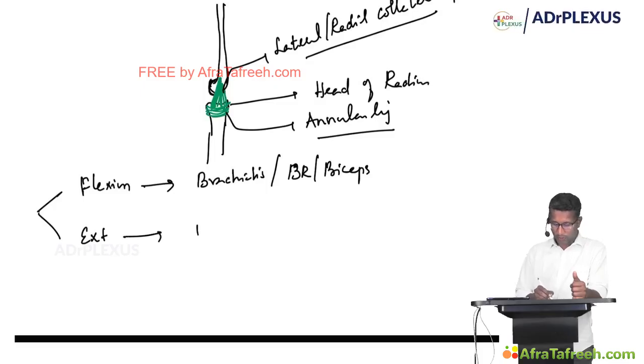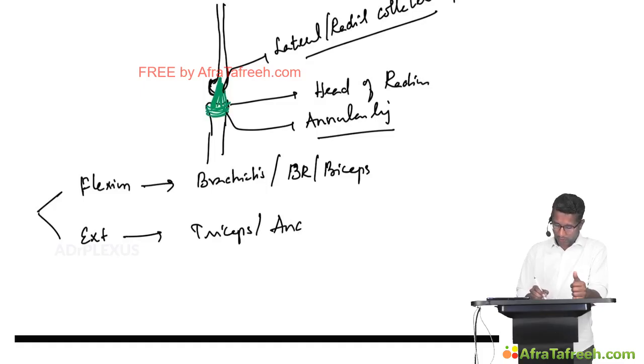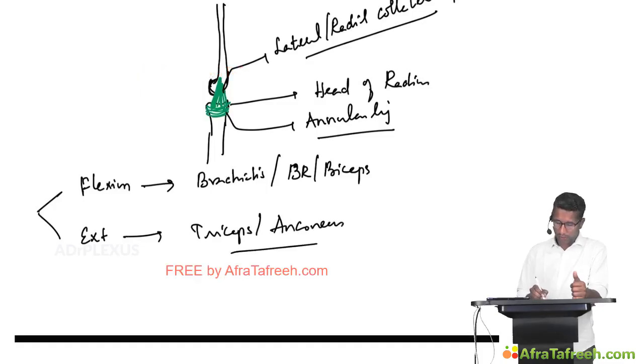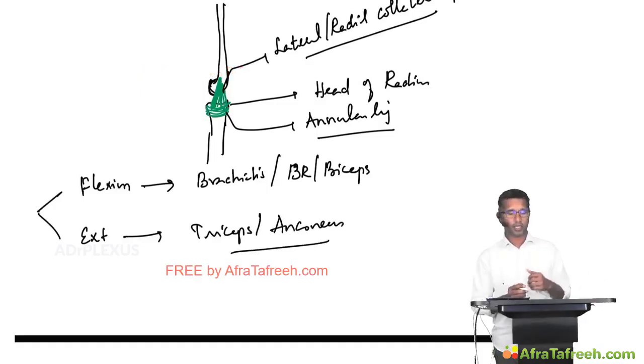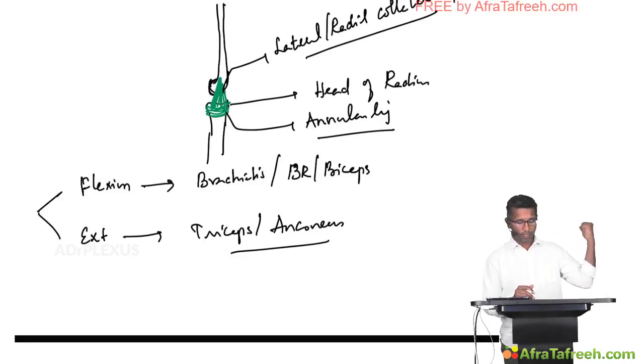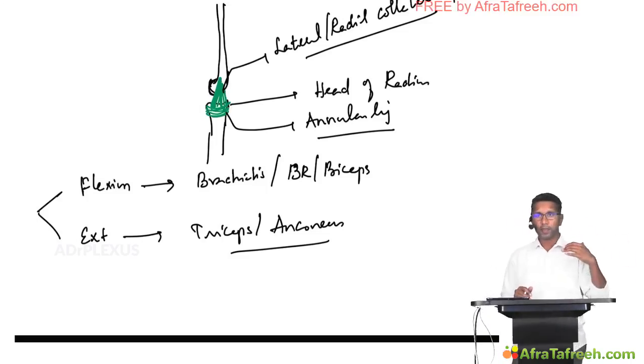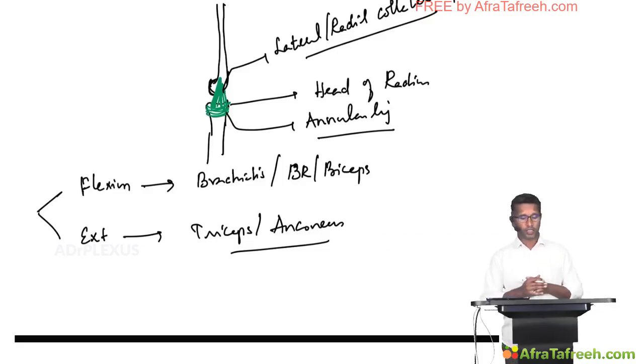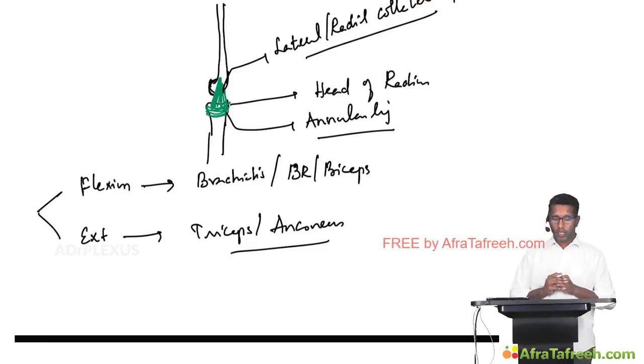Extension is caused by two muscles: one is the triceps and another is anconeus. So these are the two movements which take place at the elbow, flexion and extension, and these are the muscles which cause them. Okay, so this is about the elbow joint.